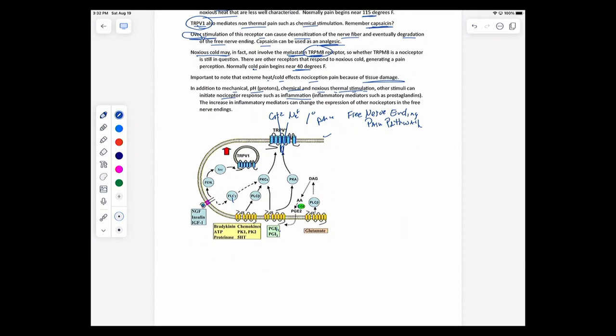So if you have an inflammation process, you're going to have all kinds of factors that are actually going to change the biology of this primary sensory neuron that happens to be associated with the pain pathway. So you got all of these factors here that are being released that are binding to the various receptors, again causing all kinds of things to go on inside the cell. And many things can go on here.